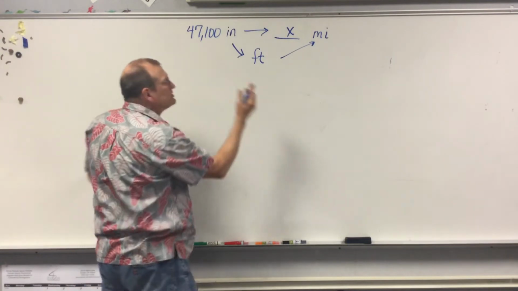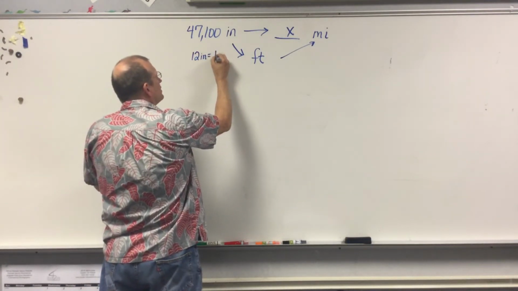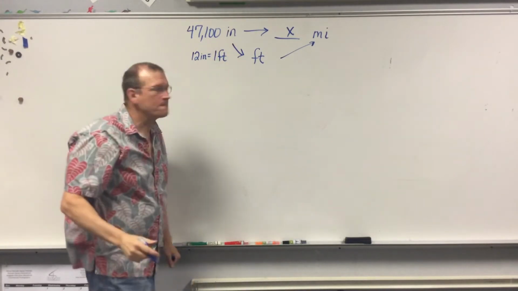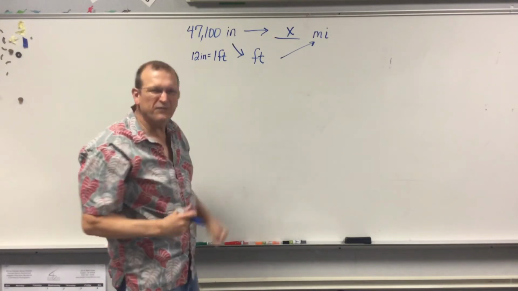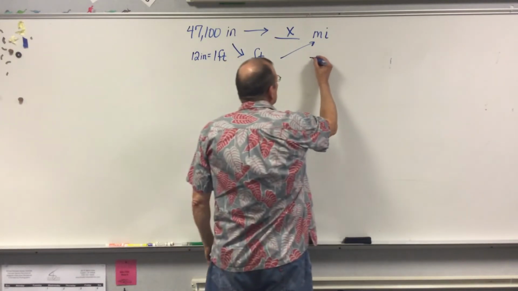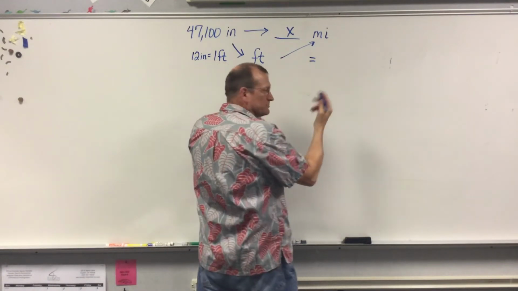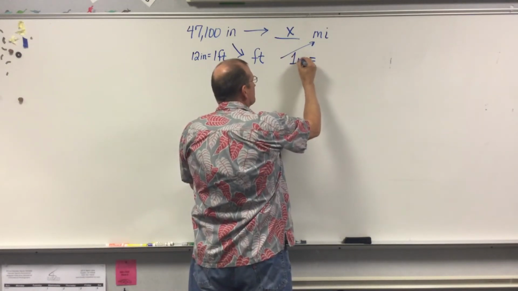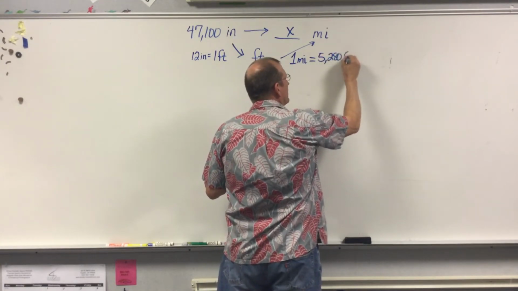We need to know the relationship: 12 inches equals 1 foot. To do this step, we would need to know the feet to miles. Now this is where some people come in knowing this, and others, this is where you get your introduction to it. 1 mile is 5,280 feet.